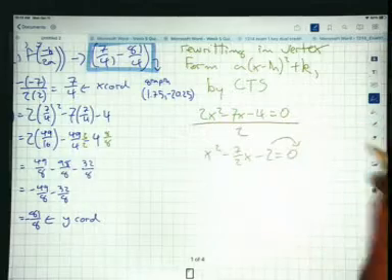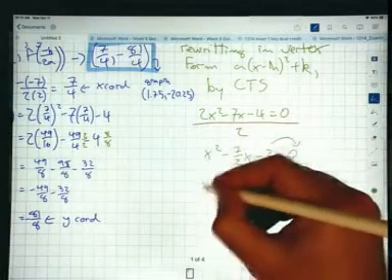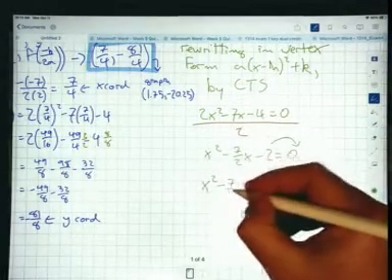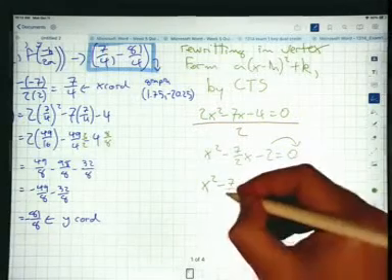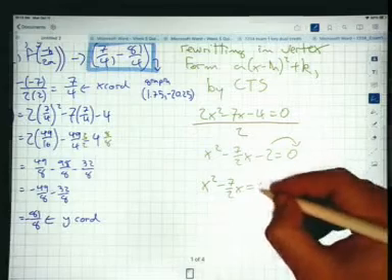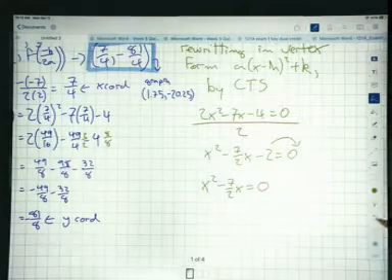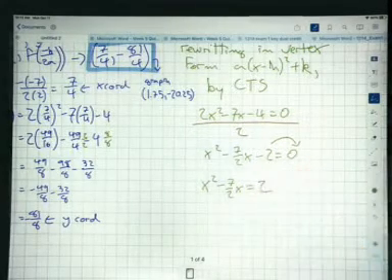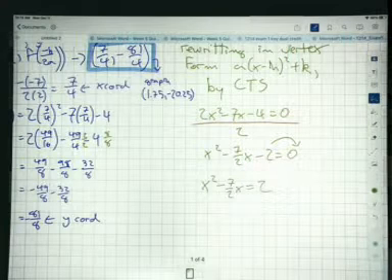And now I'll move that negative 2 over to the other side. And this is going to be set now equal to positive 2. Now, before I move on, I want to highlight something.